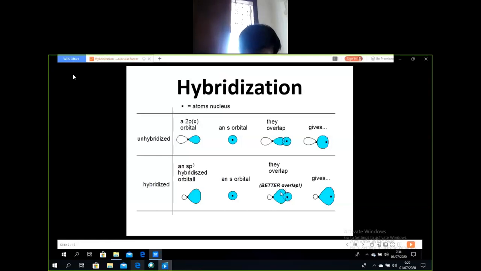Because the p has higher energy than the s, so the p loop is bigger than the s orbital. The s goes inside the sp3 orbital, and we can see that the sp3 is distorted, the shape getting bigger and oval.